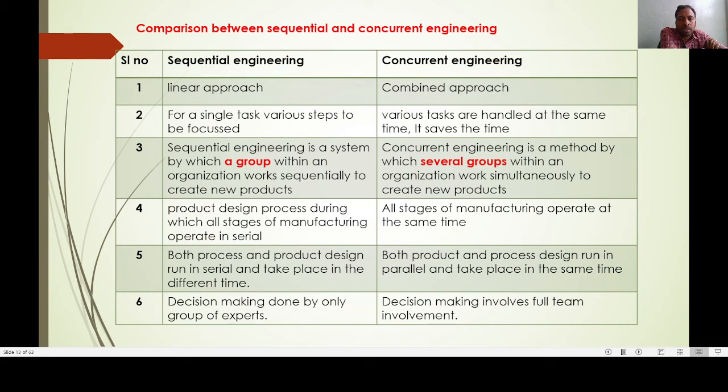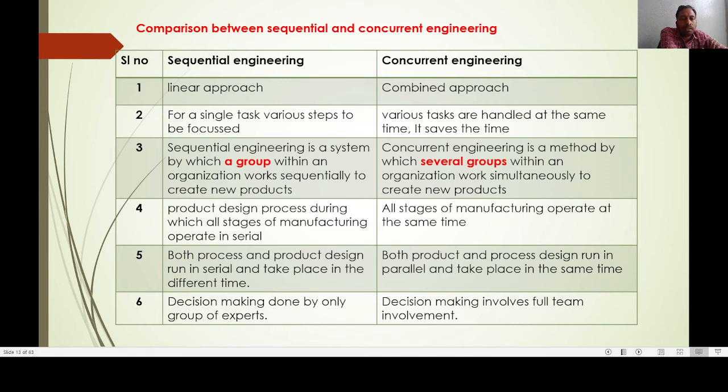The fourth point is the product design process, during which all the stages of manufacturing are in serial. That is, the initial stage is feedback from the customer, and the final is production. From the idea or feedback to the final product, the information is in a linear form. But in concurrent engineering, all the stages operate at the same time.